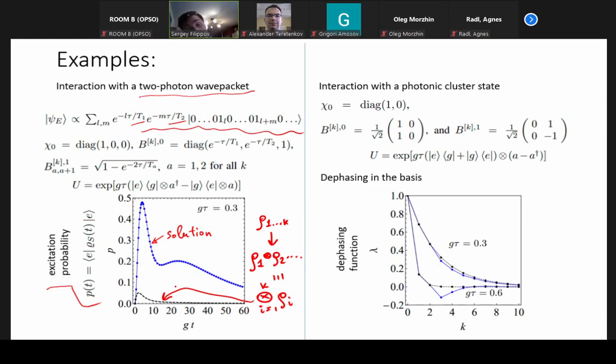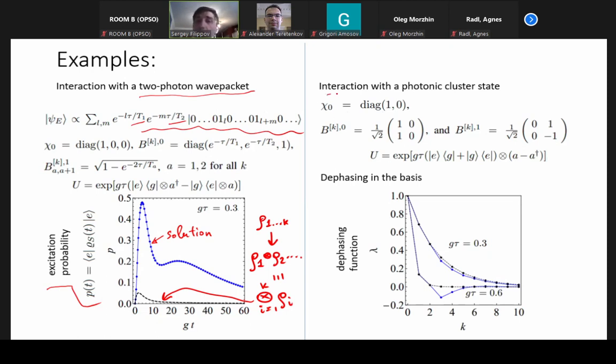So if we simply disregard correlations, then we have a completely different answer to the question of the excitation probability. So this figure illustrates the great effect of correlations in the environment on the system dynamics.